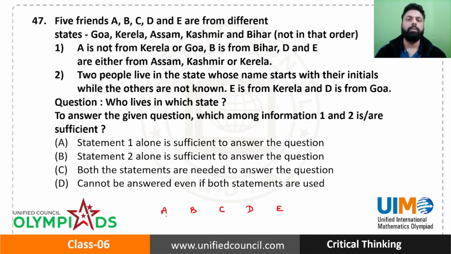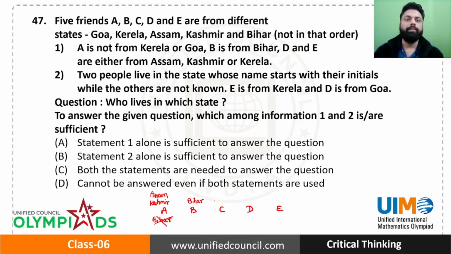So A can be from Assam, Kashmir, or Bihar. B is from Bihar. So A cannot be from Bihar.